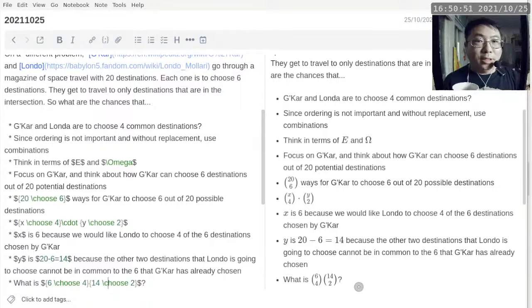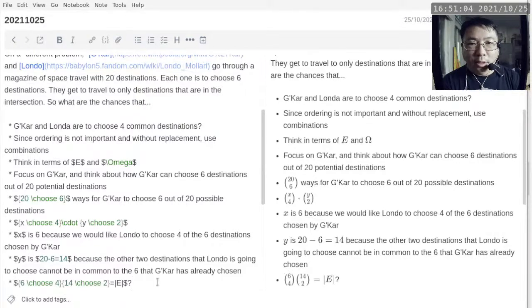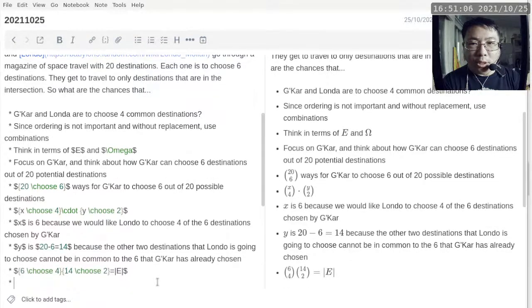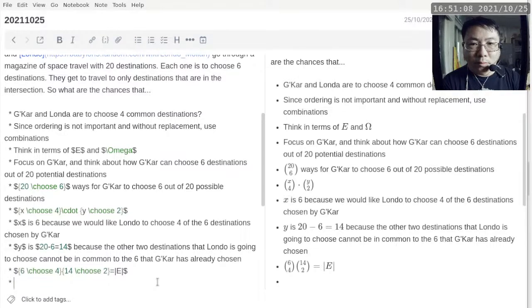So I'm gonna continue with this part here. This is the cardinality of E. Okay, so I can now turn the question into a statement, like so. Alright, so if that is the case, what do you think is going to be omega?